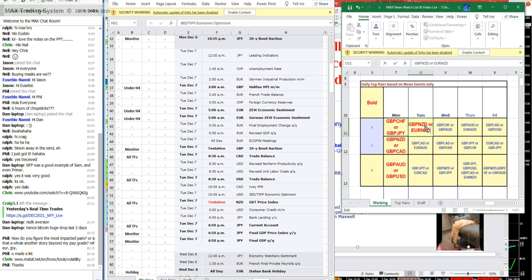Then pound card or pound US dollar? Like Wednesday. Second choice, if you like. Yep. And then pound Aussie, Euro Aussie or Euro card? Pound Aussie, Euro card.